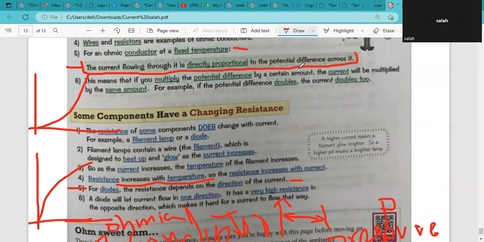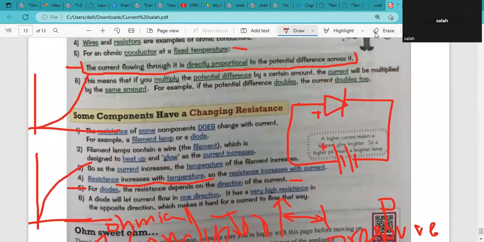Listen. When we install the diode in this way with the battery, it is forward bias. The current will flow from this position. We call it forward bias.